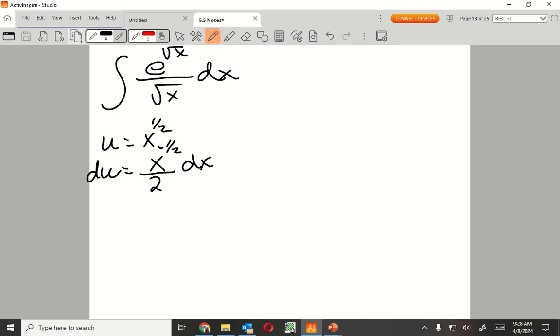That's the derivative there. Now, I'm going to rewrite this, and hopefully this will come up clear now. So du is equal to 1 over 2 x to the 1/2 dx.